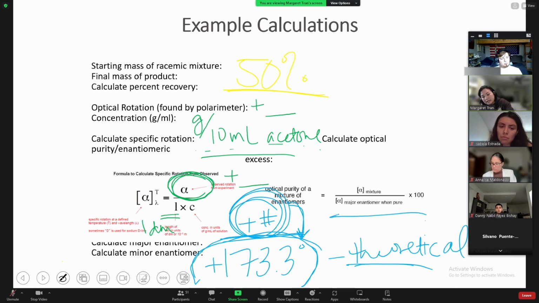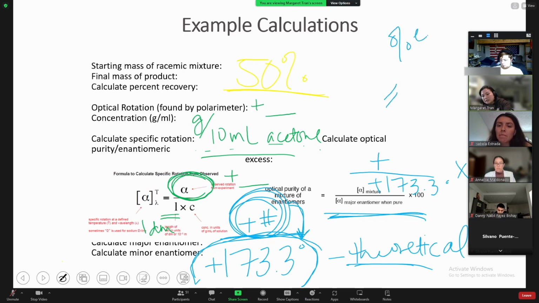Then you could go ahead and calculate your optical purity. Your optical purity is going to be taking your positive value, dividing it by that 173.3, times 100. That will give you percent EE, same thing as optical purity.